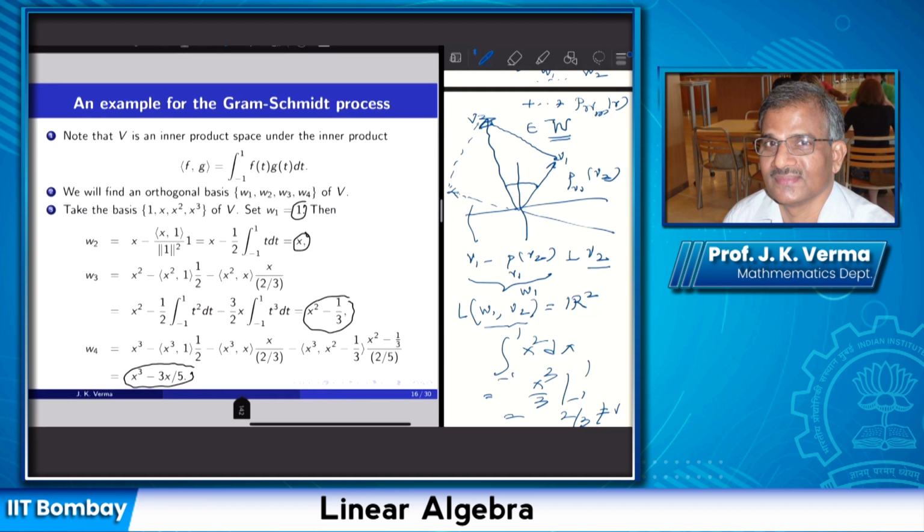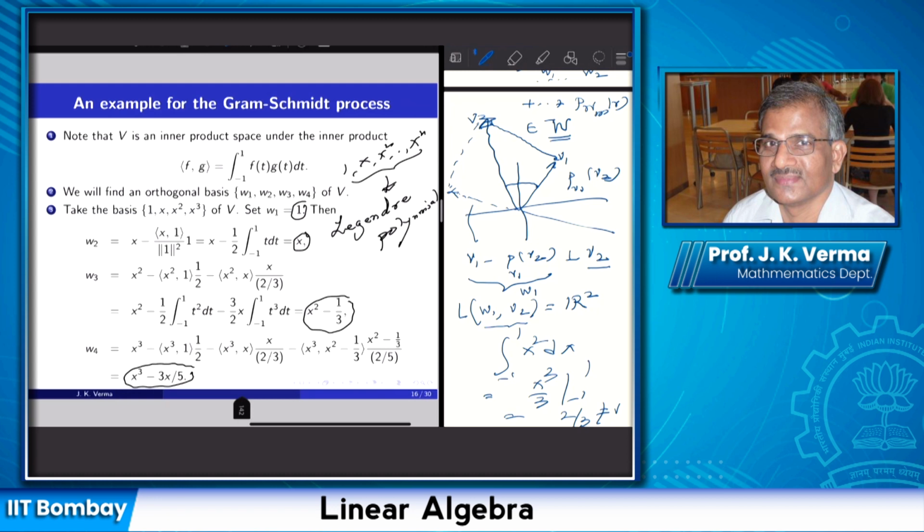They are called Legendre polynomials. If the input is 1, x, x square, up to x to the n, and we apply the Gram-Schmidt process, I will get polynomials of degree 0, 1, 2, up to n, and these are called Legendre polynomials. They have a formula. You can look at any textbook.